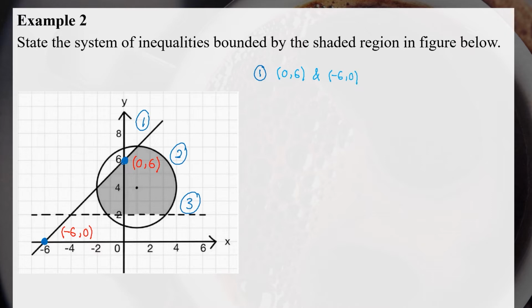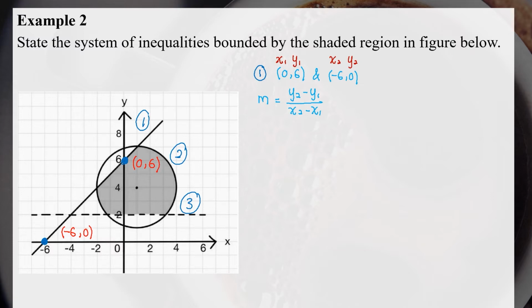In order to find the equation of the straight line, first we need the gradient or slope, m. The formula for the slope of a straight line is y2 minus y1 over x2 minus x1. Let's say here is our x1, y1 and here is our x2, y2.